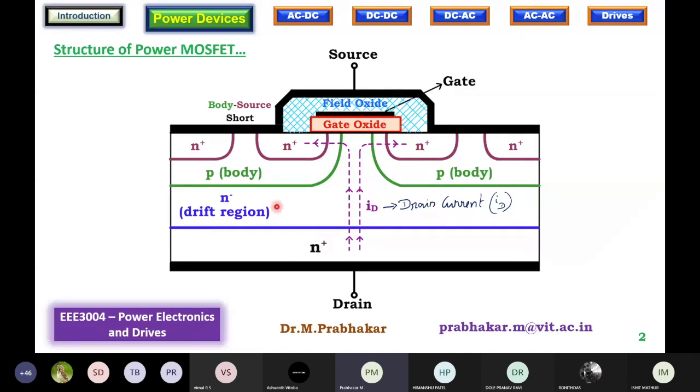That is the inference. I will write ID for drain current. This is actually the first impression.